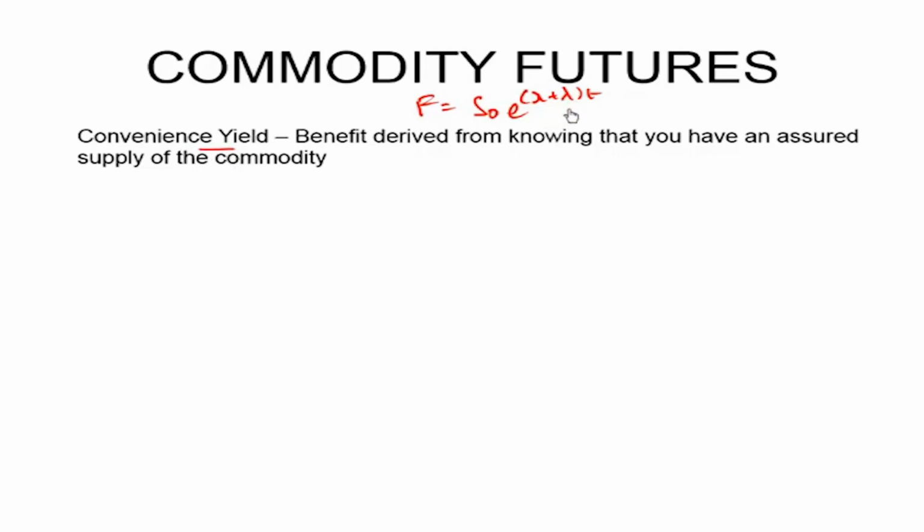Even though storing excess commodity will incur storage cost, it can at times provide a convenience yield. Convenience yield is the benefit derived from knowing that you have an assured supply of the commodity. It is represented by the letter C.